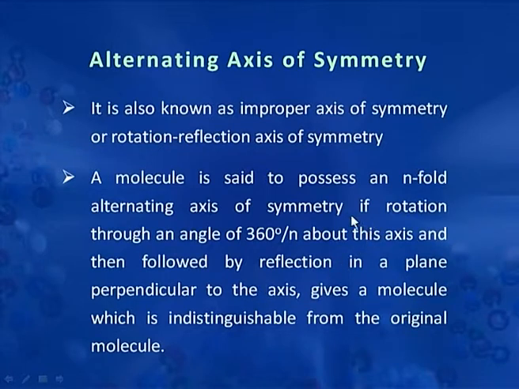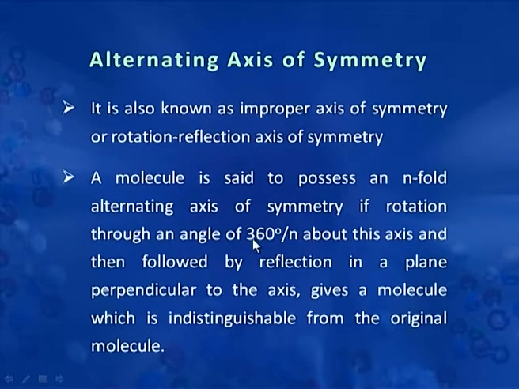Now let me explain what we mean by n here. Suppose a molecule is rotated by 90 degrees and then we get whatsoever has been explained here, then the value of n will be 4.